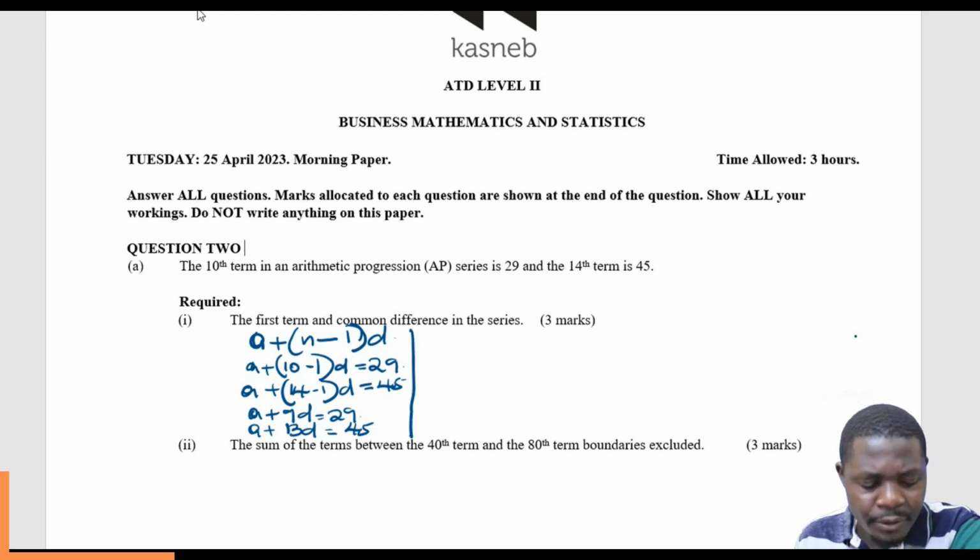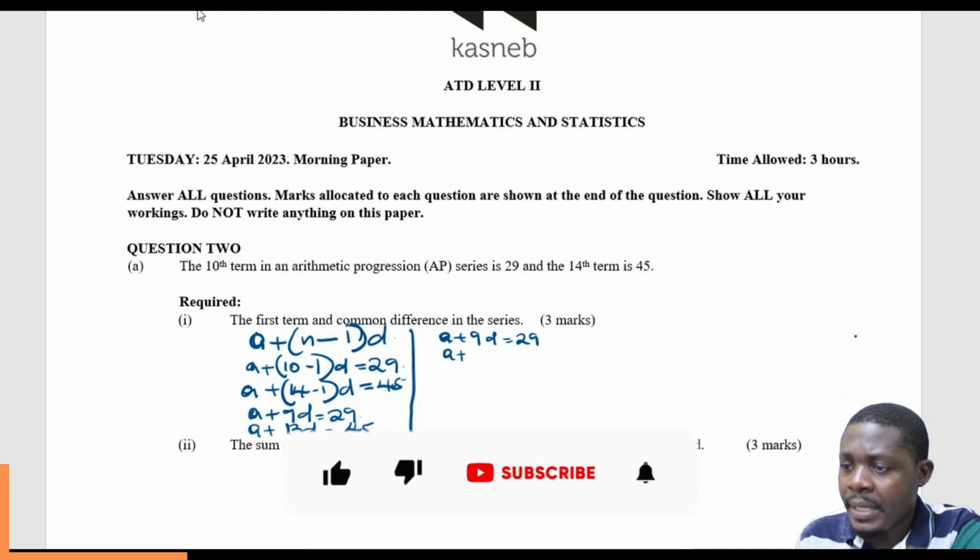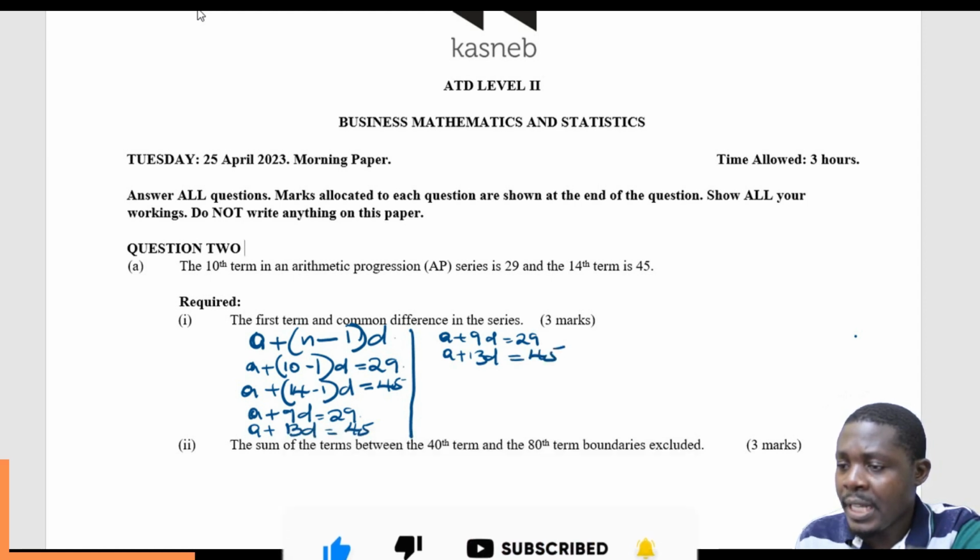Now this forms a simultaneous equation where a plus 9d is equal to 29, and a plus 13d is equal to 45. We can use the elimination method. We eliminate the value of a.